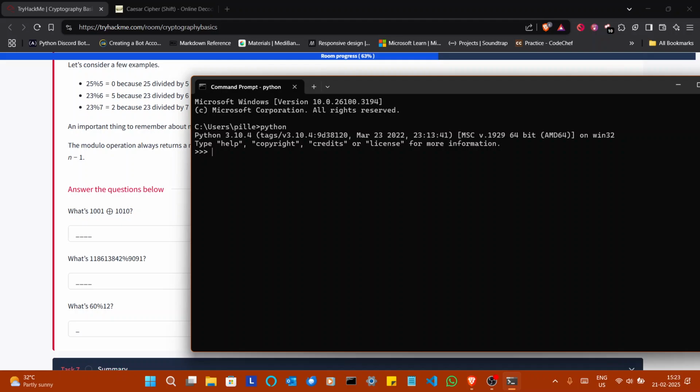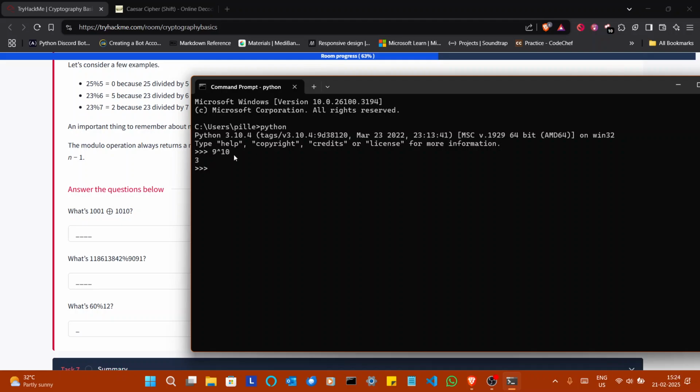Okay, the first question is 1001 XOR 1010. So these are binary numbers. First we have to convert the binary numbers to integers. So 1001 is 1 plus 8, that is 9, XOR 1010, that is 2 plus 8, it is 10.